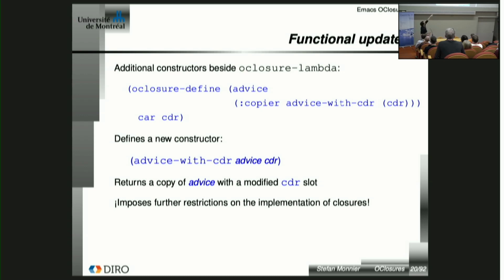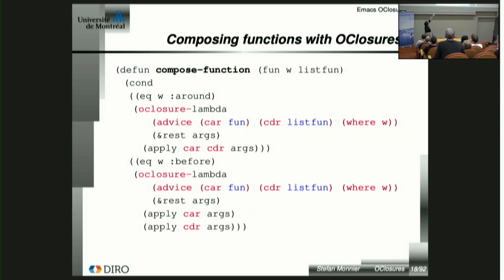So here, this would define a function advice-with-CUDA, which takes an advice open closure and a new value for the CUDA. And so it returns a copy of the original function with the CUDA field being modified to the new value. And that's where it's important here to refer to car and CUDA when we call the functions instead of referring to the external variables.